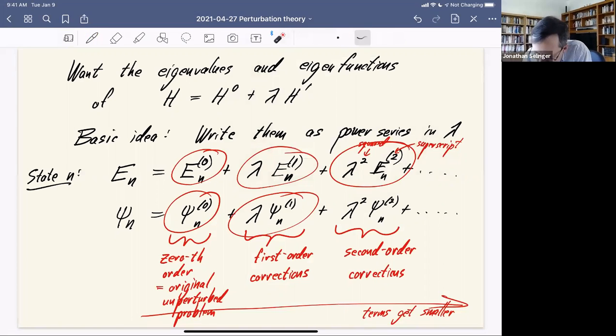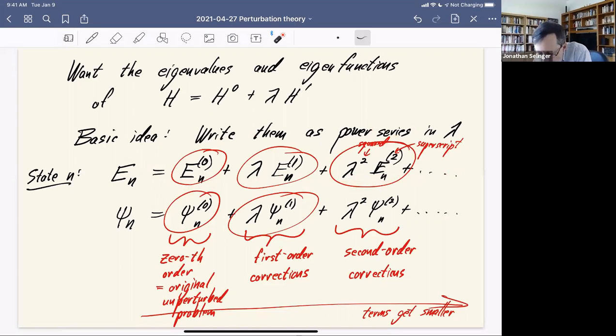And so that tells us that if we know the perturbation, the change in the Hamiltonian, we can figure out the change in the energy eigenvalues up to second order in the perturbation, so up to the order of the perturbation squared: 0th order term plus first order plus second order.